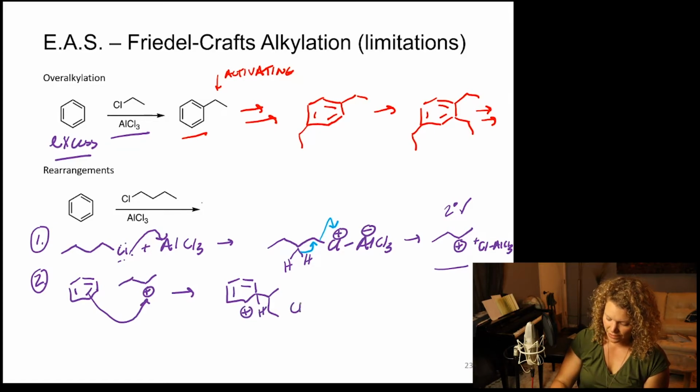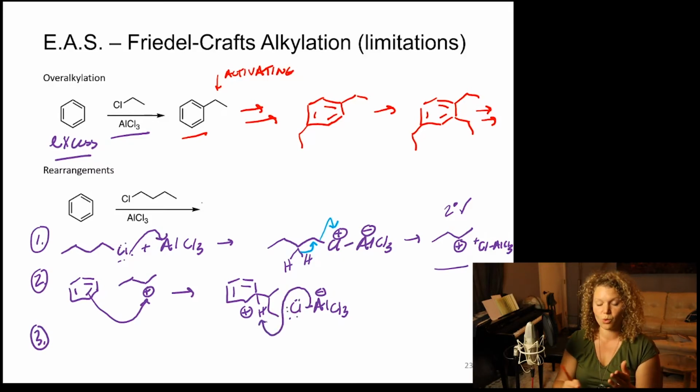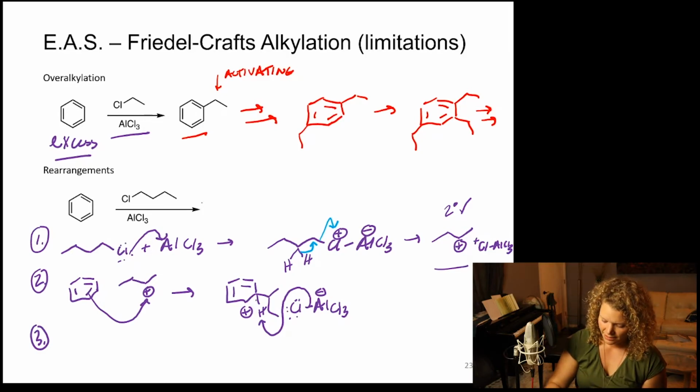And again, we need to restore the aromaticity in step 3 by taking the electrons from our chlorine aluminum bond, and then we'll push these down to form our new double bond.